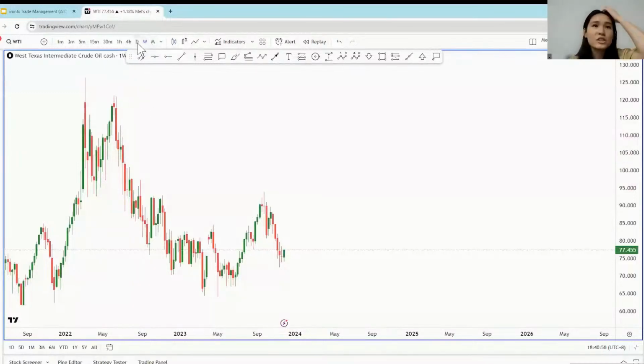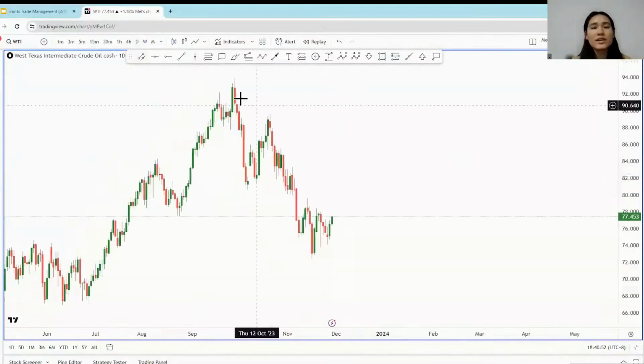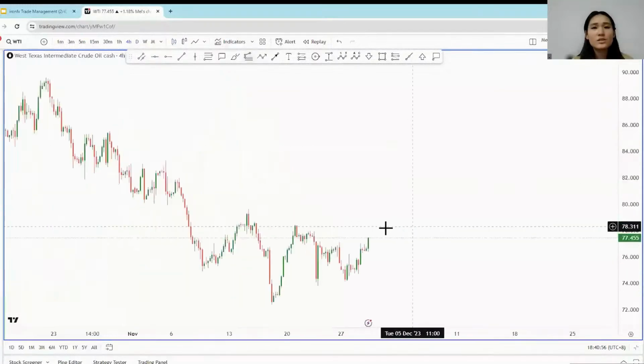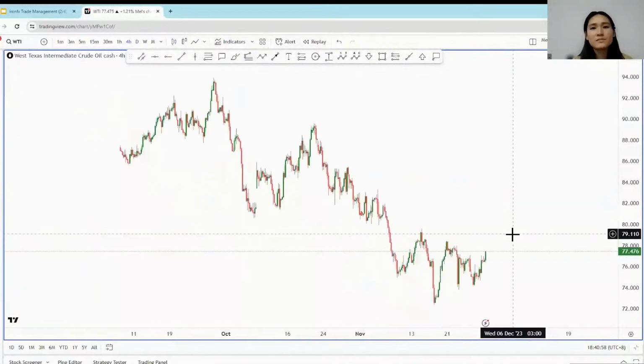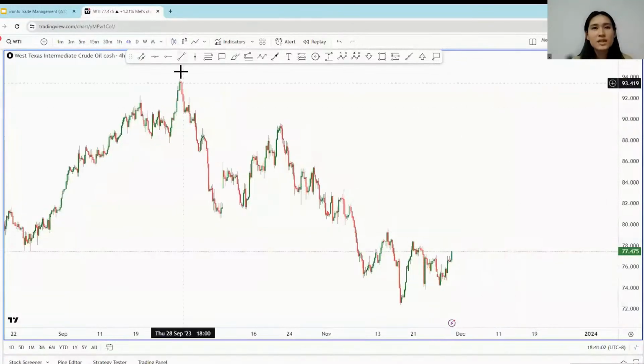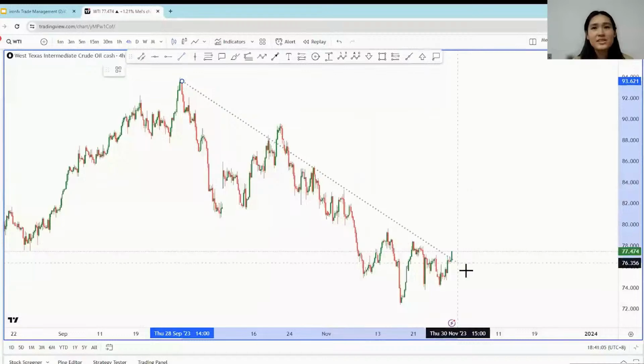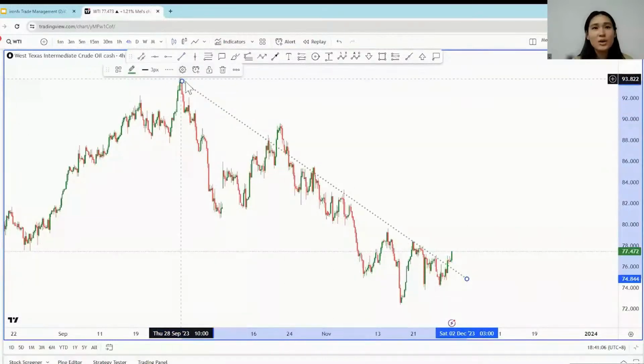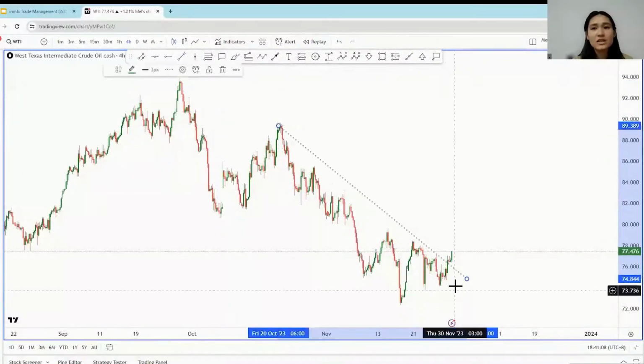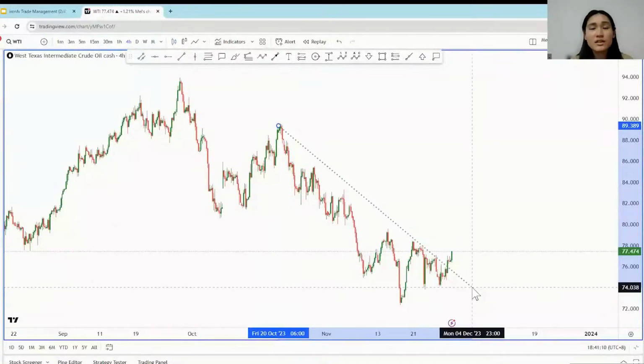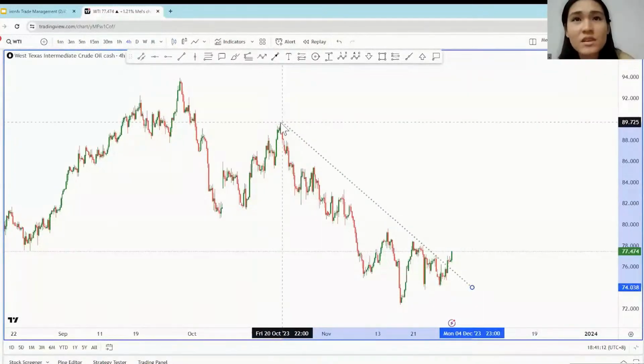Yeah, there's no clear trend here. On our daily time frame, it does look like it's dropping. For hours, looks a little bit, I don't know. We do have this price breaking out of this ascending trend line, or rather descending trend line.